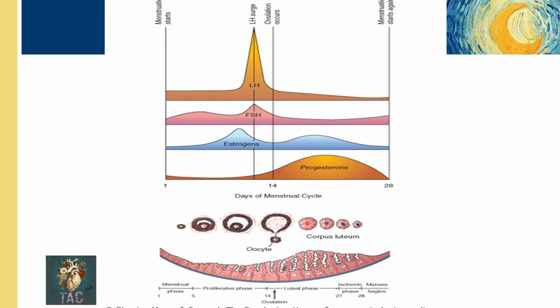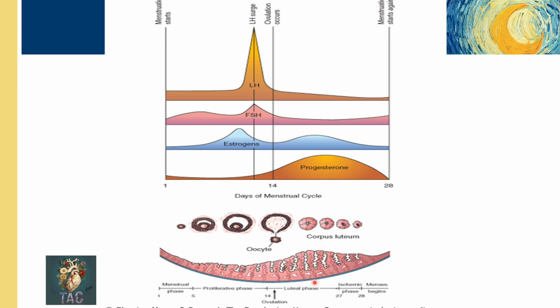After this, the remaining structure, which is the corpus luteum, starts secreting both estrogen as well as progesterone. At the same time, the endometrium shows changes. It enters into the luteal phase, also called the progestational phase, also called the secretory phase.